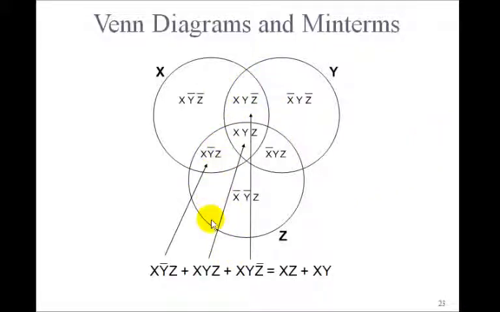So the left-hand side is the OR, that is the sum of all of these three areas. What's the right-hand side? Well, the right-hand side is x AND z. Well, x AND z is this total football here. That is x AND z. And we're going to add that to x AND y. x AND y is this football. So you see it is true, in fact. So this plus this equals the sum of all three.